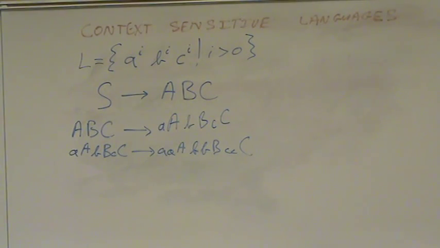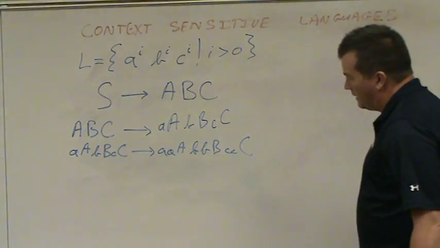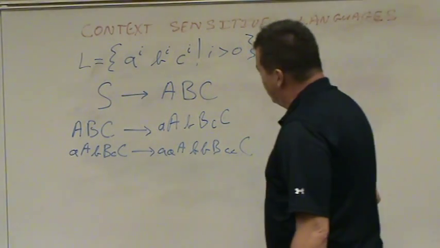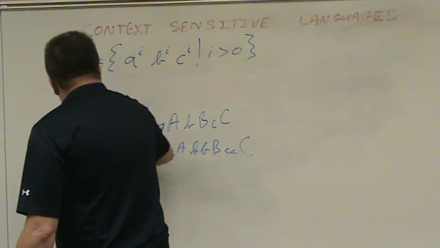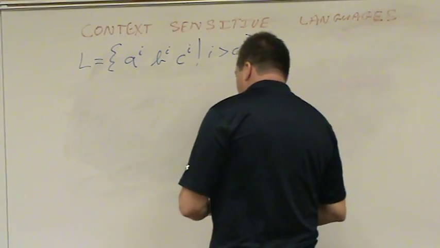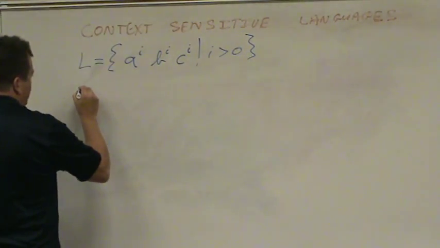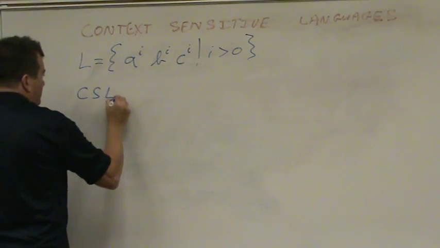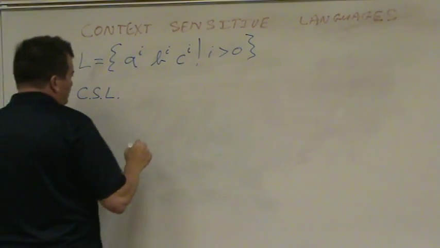Okay. So there's a few ways to describe a context-sensitive language. I call them CSLs now.